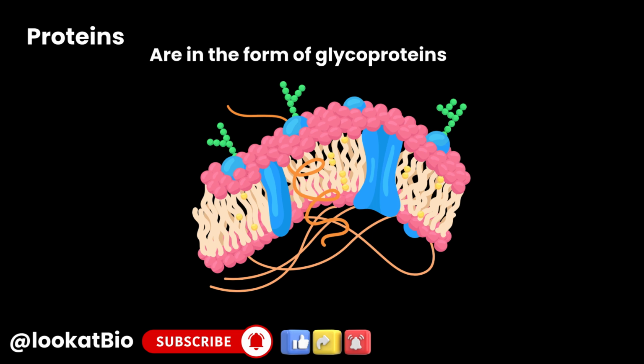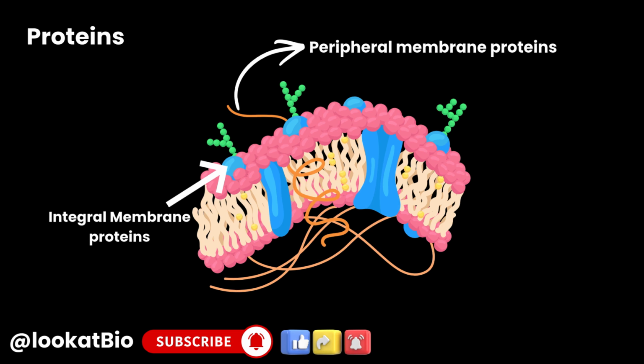The proteins are mostly in the form of glycoproteins. Broadly, they consist of two types: integral membrane proteins, and the second is peripheral membrane proteins.